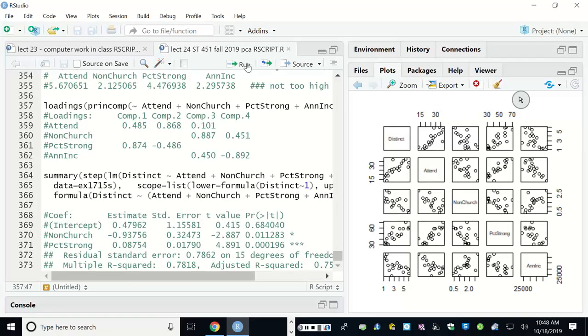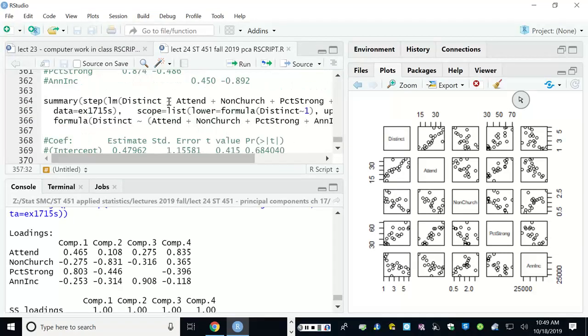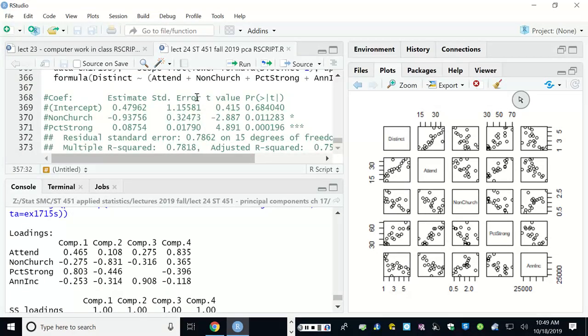Let me just double check this. Things are off. Attend. Okay, where would that be? Anyway, something kind of looks a little bit off with that, perhaps.